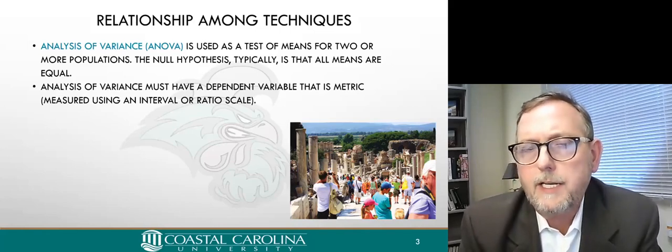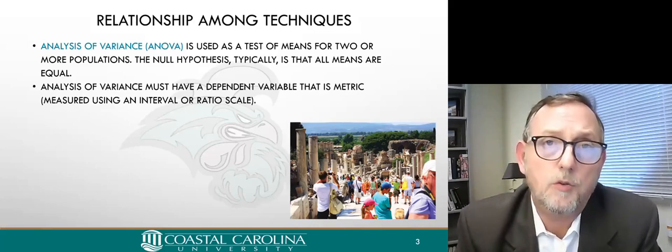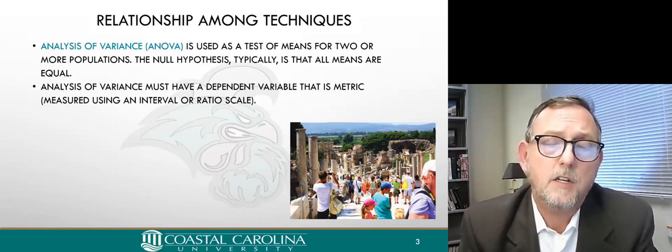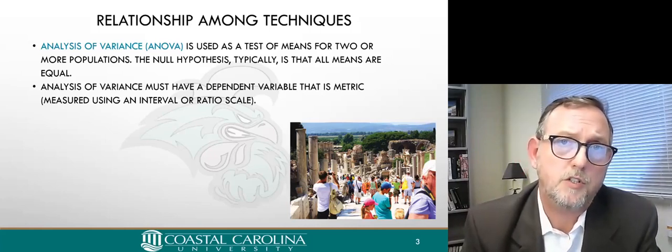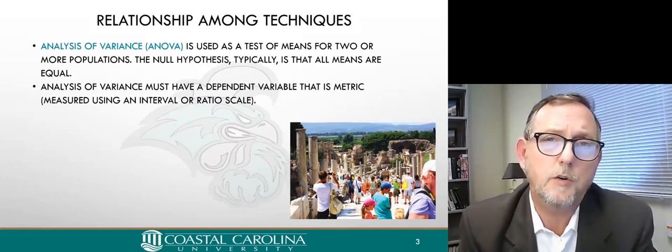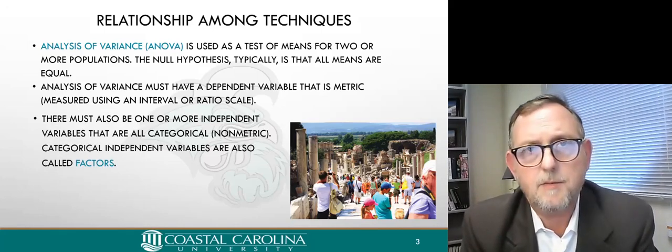Okay, so we're going to need at least two variables, one of which needs to be categorical or a grouping variable. The second or other variables should be metric or continuous, so they should be ratio or interval data. And we'll walk through an example to look at some of this.